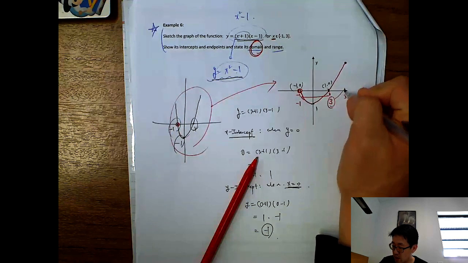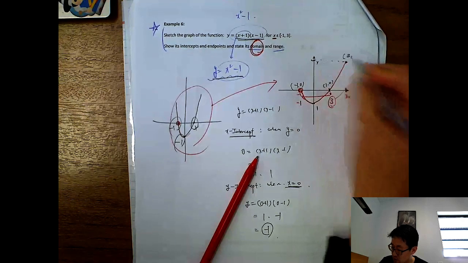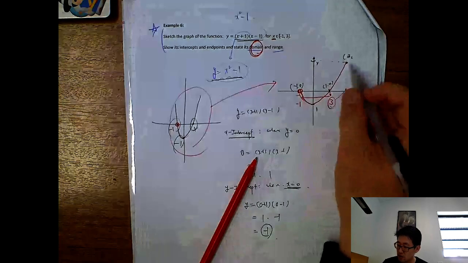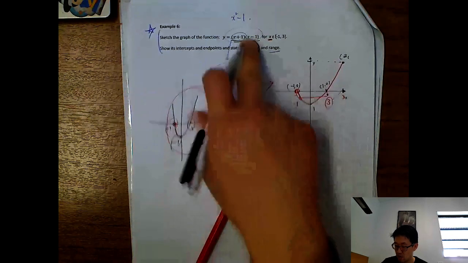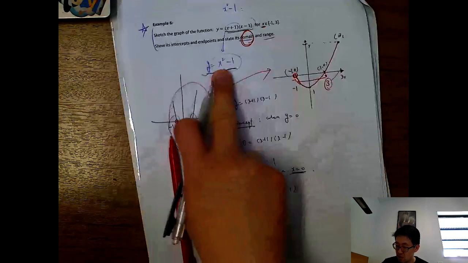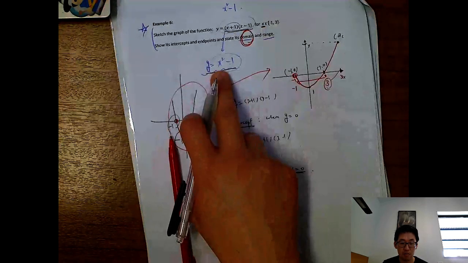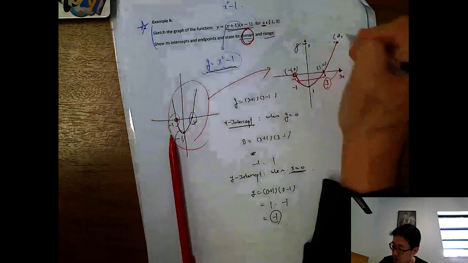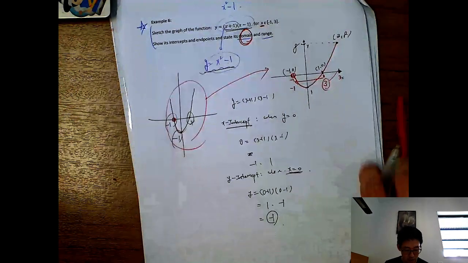When x is 3, what do we have? When x is 3, y is, I just plug in here as well, or here. I'll do it here, either way you can do it. 3 times 3 is 9, minus 1, therefore 8. So 3 and 8. Sounds good?